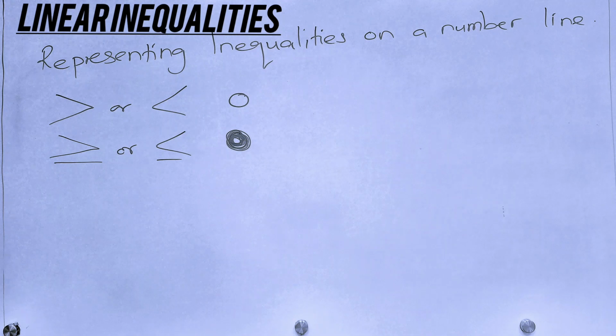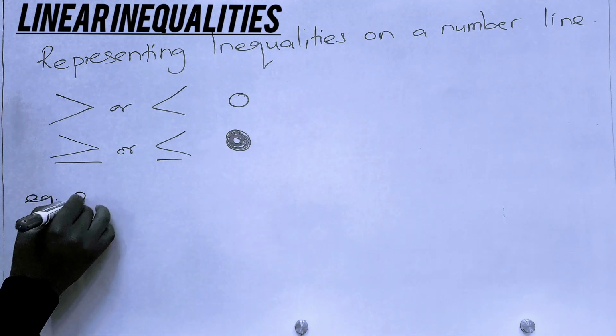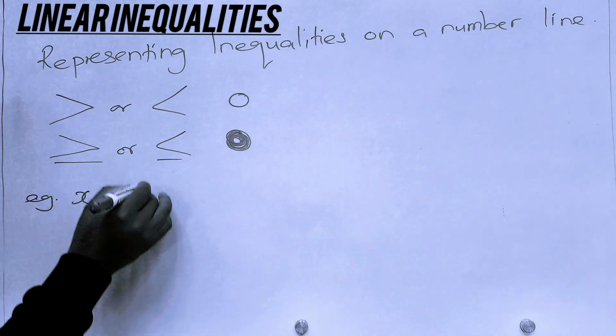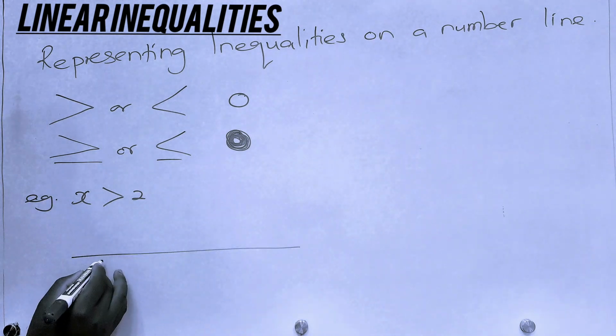So now let's have a few examples which will help us to see how we represent solutions on a number line. Let's have example 1. Let's say our solution was x greater than 2. So what you do, you draw your number line.